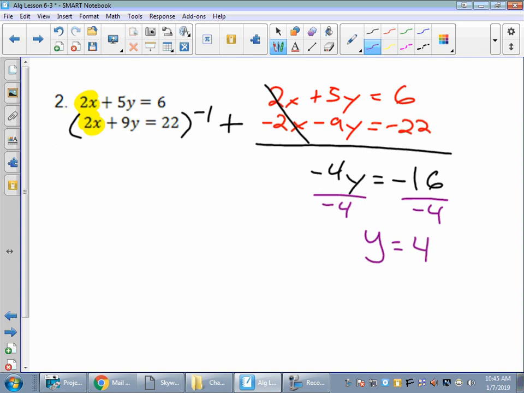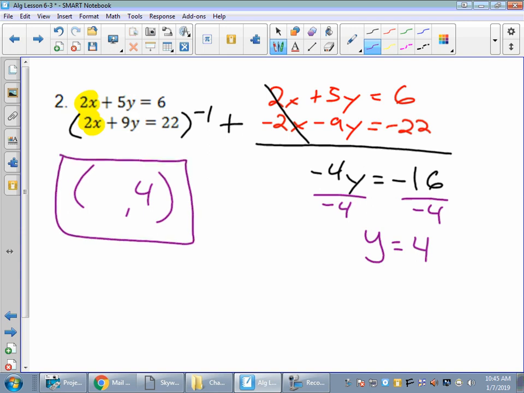So again, my final answer would have a 4 in it. I know that somewhere my final answer is going to have 4 for y. I know it's not the x value because it says y equals 4. So now I got to find my x. So I can substitute this 4 into any of these equations. So I'm going to use the top one in this case.